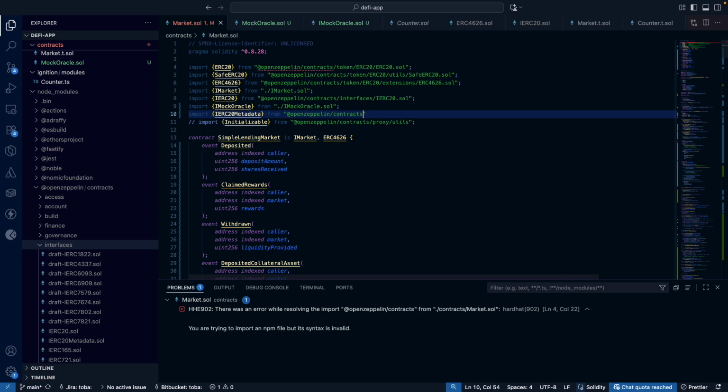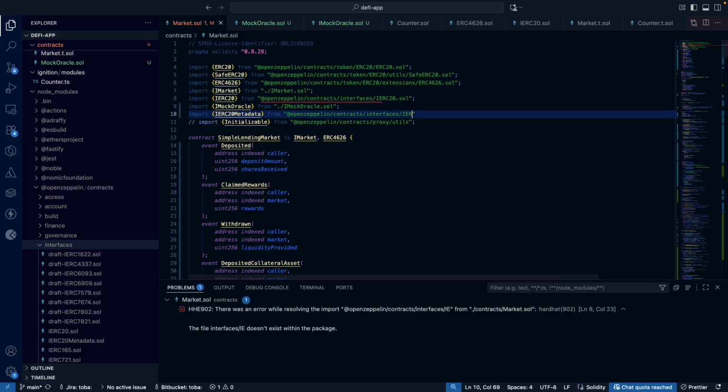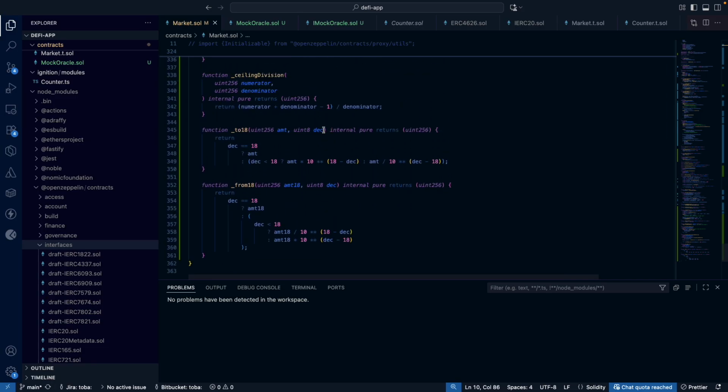Contracts, interfaces, IERC20 metadata. So we're going back. Okay, cool.